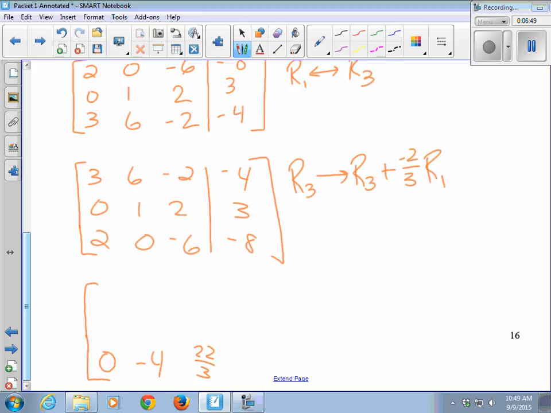All right, negative 2/3 times negative 4 is going to be 8/3. Oh, no, sorry, it's negative 6. Sorry. Negative 18 plus 4 is negative 14/3.